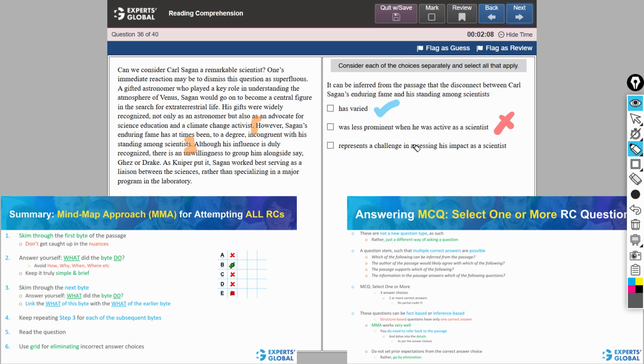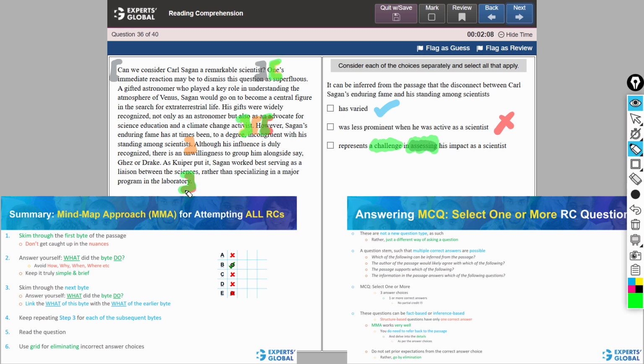The third answer choice is really interesting. See, this assessment is quite at the center of the passage. Half the passage gives a positive assessment and half the passage gives a negative assessment. Therefore, the assessment is indeed a challenge, and it is so because of the positives here and the negatives here.